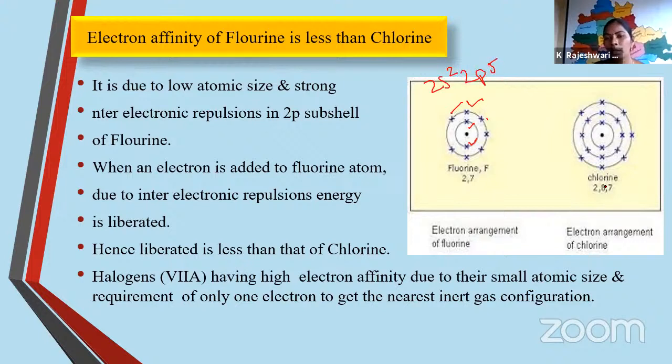If you take chlorine, the third shell has 3s2, 3p5. Here also 7 electrons are there. But here the third shell size is more. In fluorine the size is less, so inter-electron repulsions are more. In chlorine, inter-electron repulsions are very, very less because of its larger size. That's why chlorine has more electron affinity than fluorine.